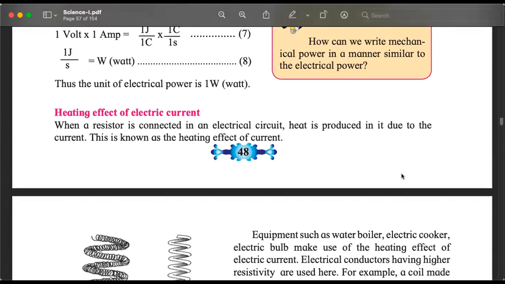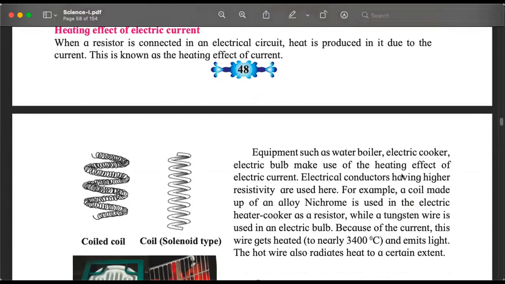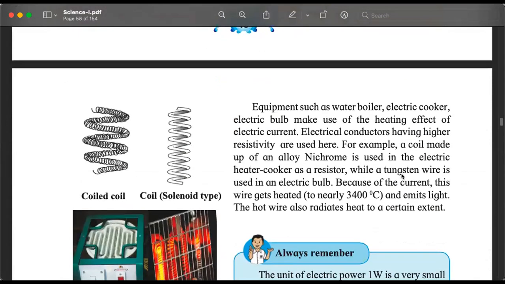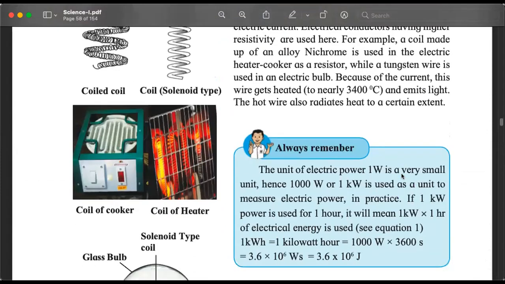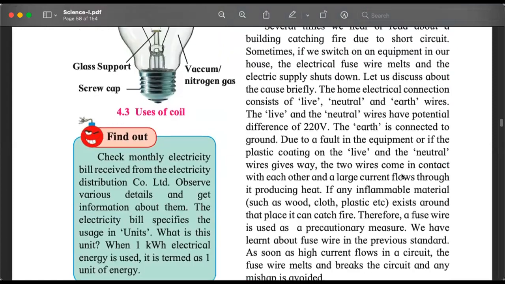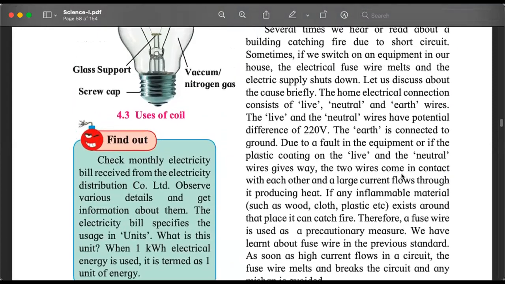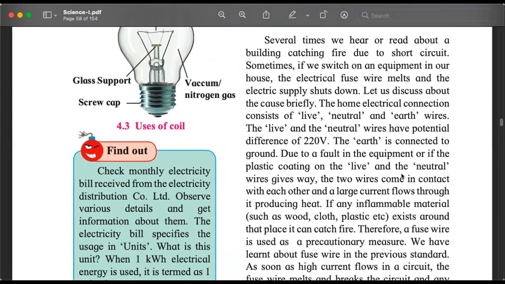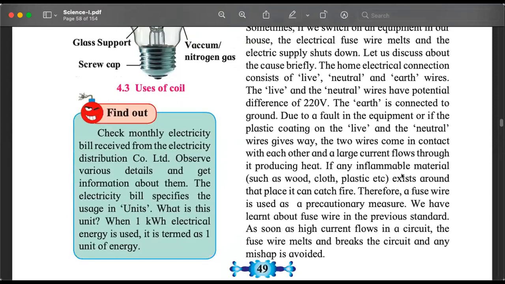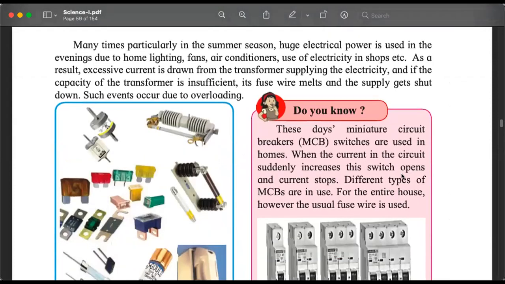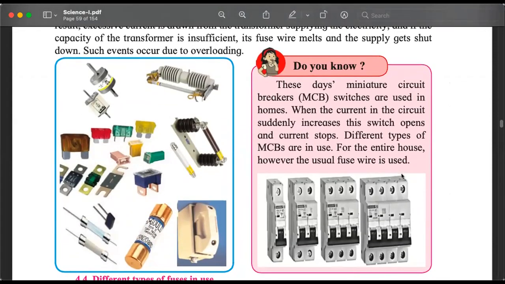Then we studied the heating effect of the electric current, what material the coil is made up of, what is the shape, size of the coil, all those things. We also understood how we make the electrical circuit safe by earth wire and also circuit breakers. The circuit breakers come in different shapes and sizes.